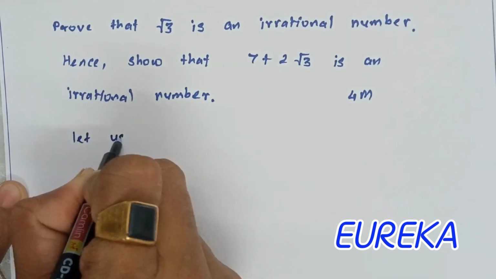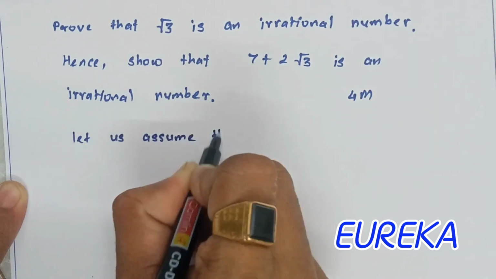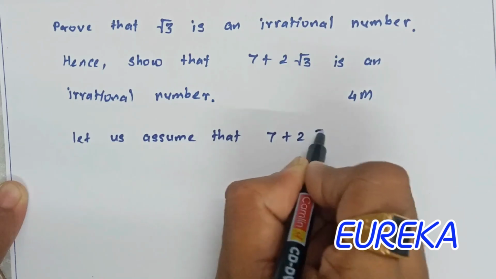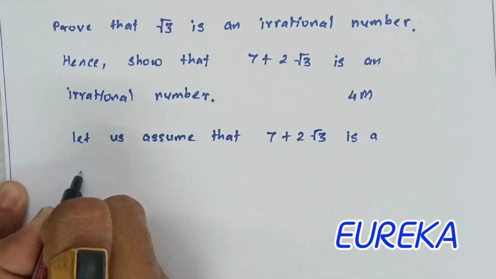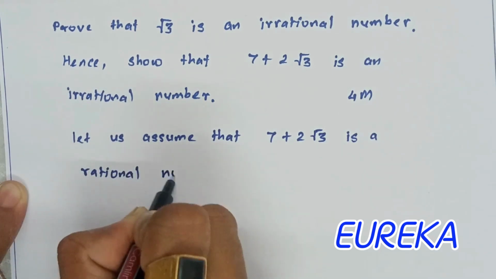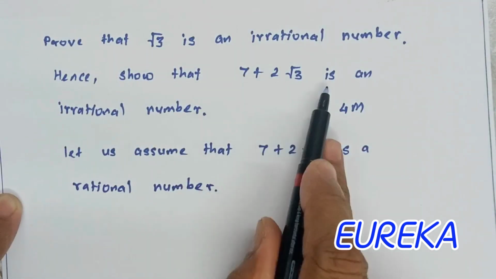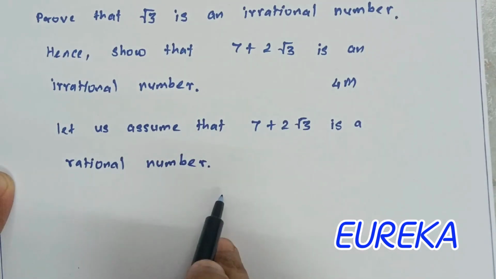let us assume that 7 plus 2 root 3 is a rational number. What we have to prove is that 7 plus 2 root 3 is an irrational number, but we will assume that it is a rational number.